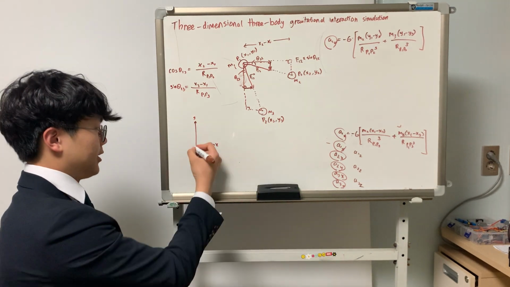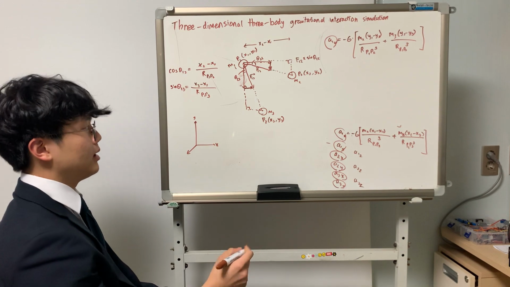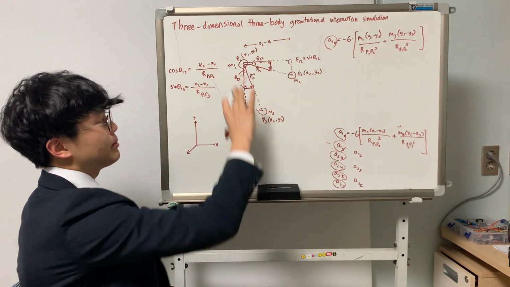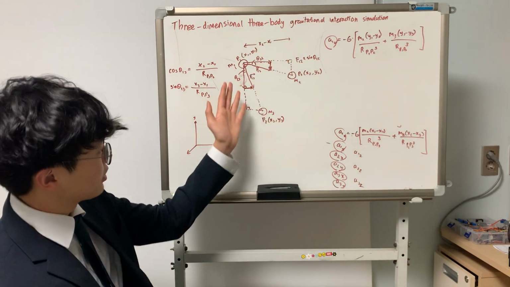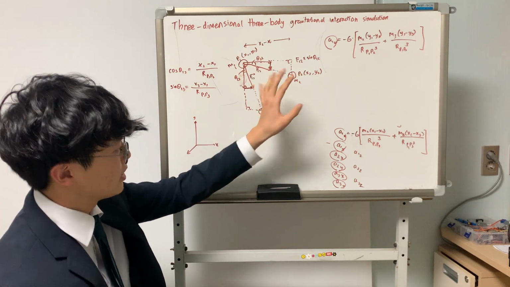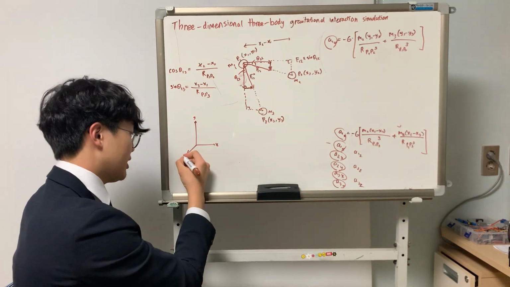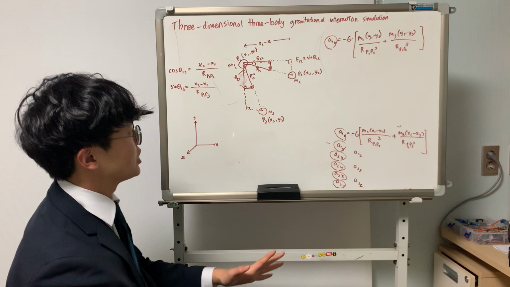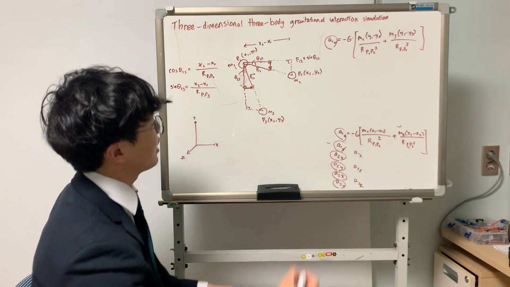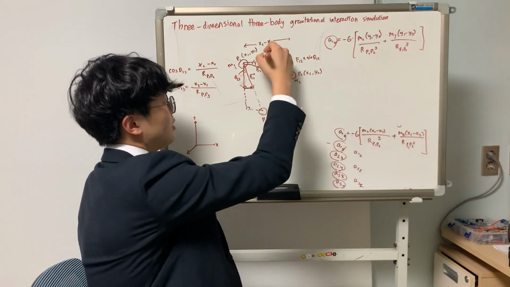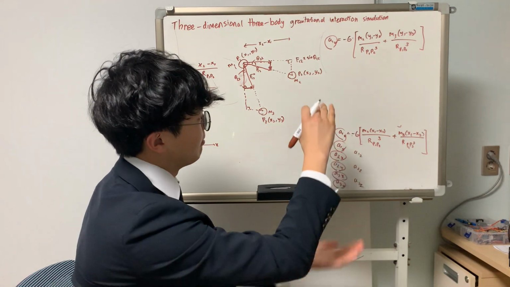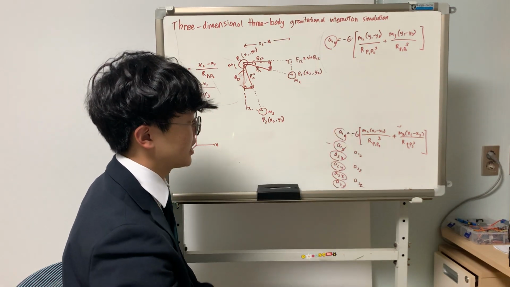Let's say we have this 2D plane, but now let's imagine everything here as a 3D environment. So we have our z coordinate, but it's just that our z coordinates here are all 0, and that's why we made these expressions.